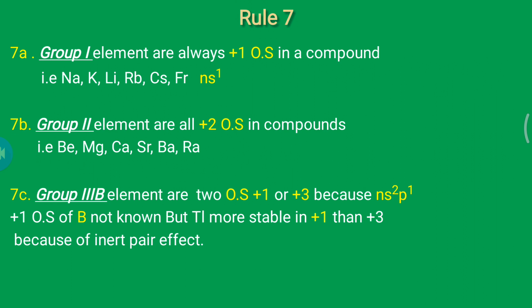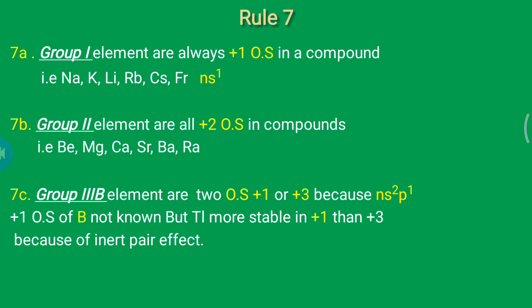Group 1A elements are always in the +1 oxidation state in compounds, like sodium, potassium, lithium, rubidium, cesium and francium. Their electronic configuration is ns1, so they lose 1 electron and their oxidation number is always +1.